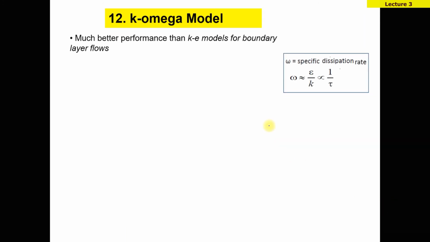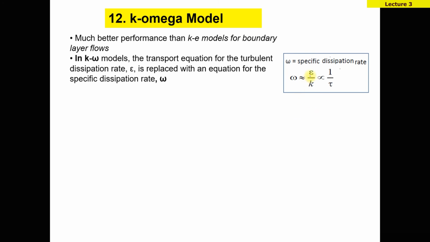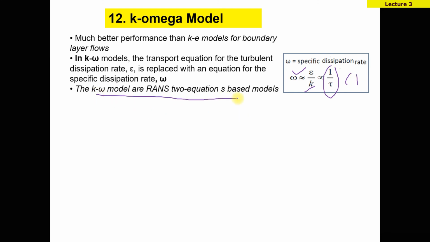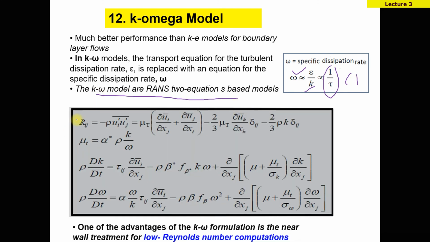Similar to the k-epsilon model, there is also the k-omega model. Only the second equation is changed, for omega. Omega is epsilon divided by turbulent kinetic energy, and its unit is per second, the reciprocal of time. The k-epsilon model is a two equation model. Reynolds stress is equal to minus rho times the average of ui dash uj dash.